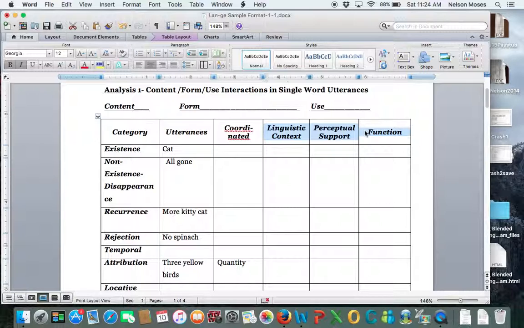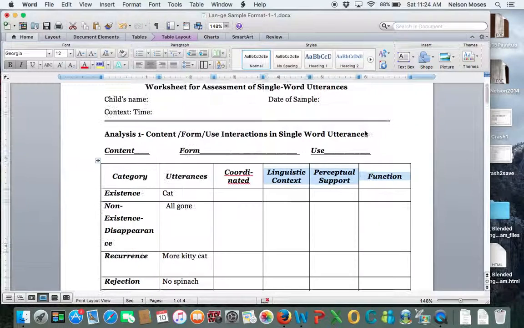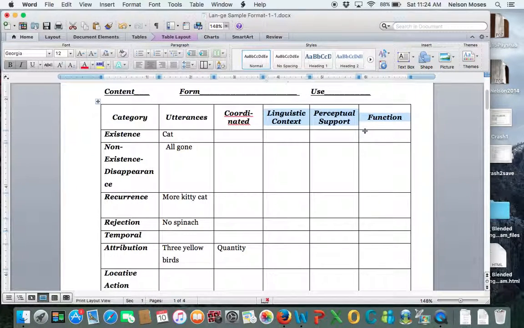Right now, today, I am going to introduce these forms by focusing on the content category and how to handle the content analysis and the form analysis. And we'll come back to pragmatics, which is what linguistic context, perceptual support, and function refer to.